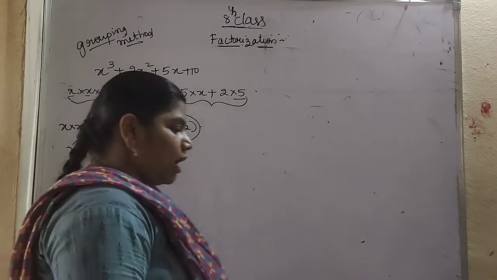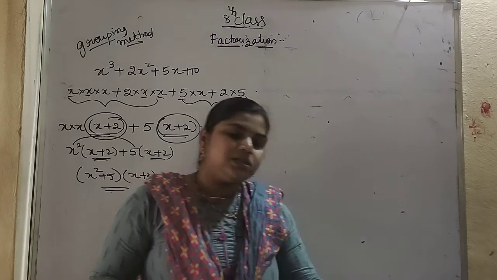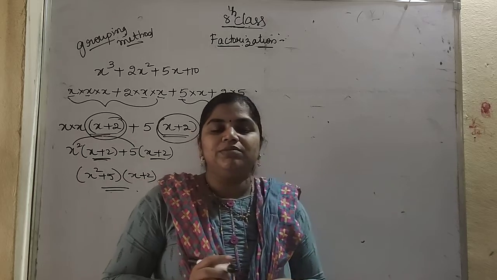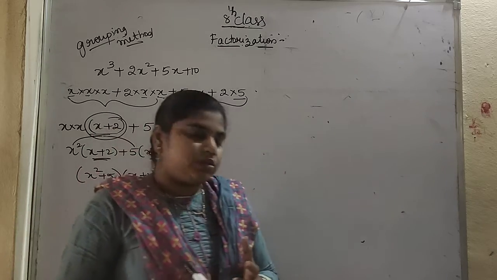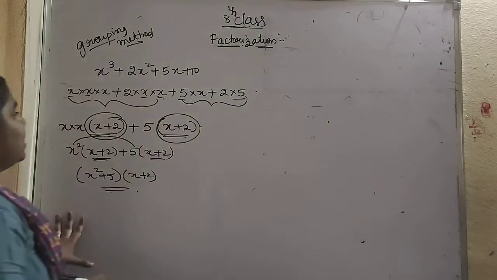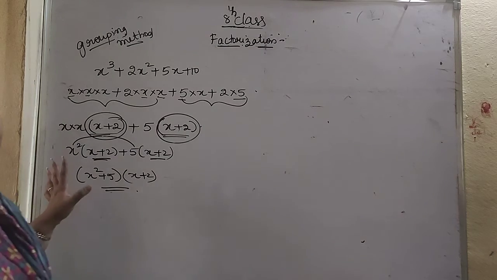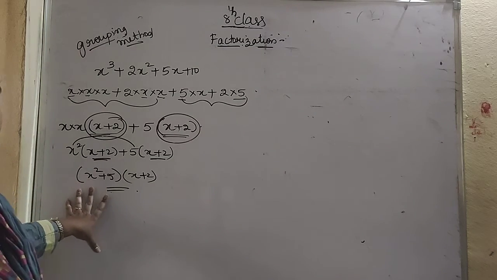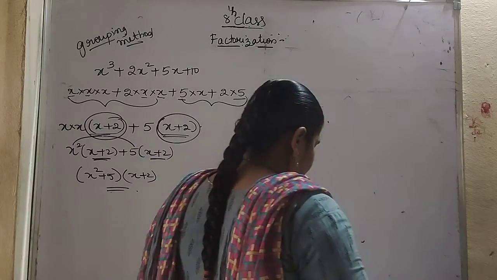So how many methods have we learned? We have learned 2 methods. One is taking out the common terms and the other is grouping terms. Now on these examples, on these topics, we are starting our exercise, that is 12.1.